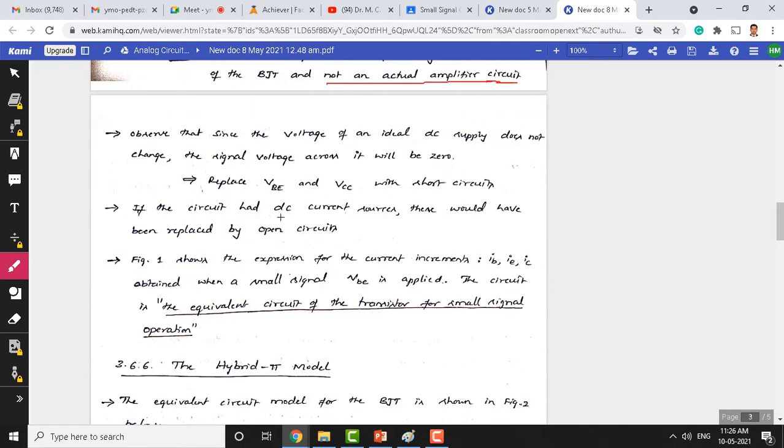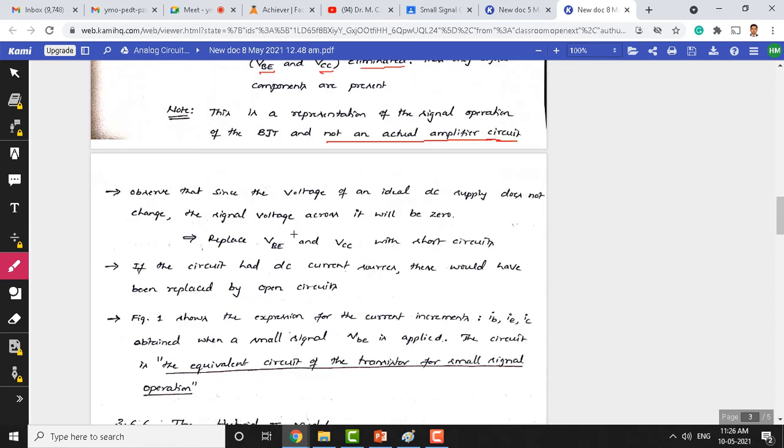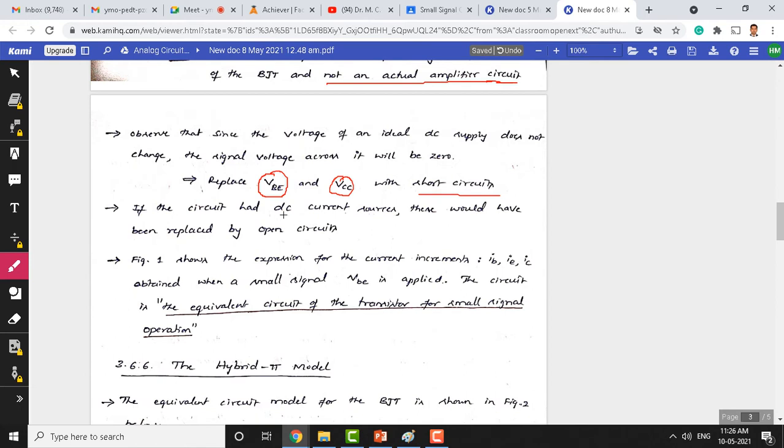And if the circuit had DC current sources, these would have been replaced by open circuits. So when we want to draw the AC equivalent circuit, we must replace DC voltage sources with short circuits, and DC current sources must be replaced with open circuits.